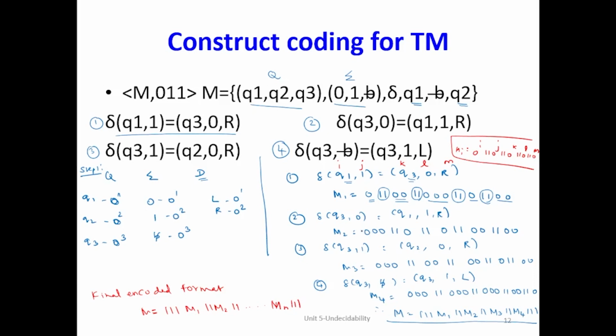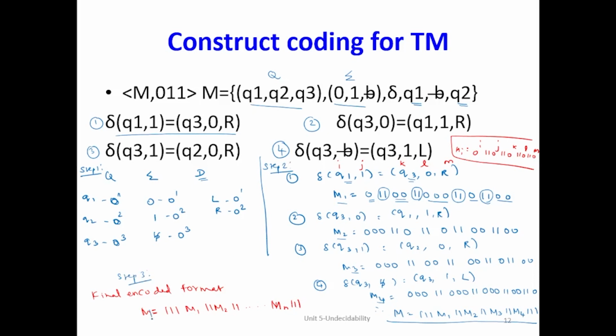So like that, I write the encoding format for all these transition functions, which are namely M1, M2, M3, M4. So these all come under step 2. And step 3 is the final encoding format.